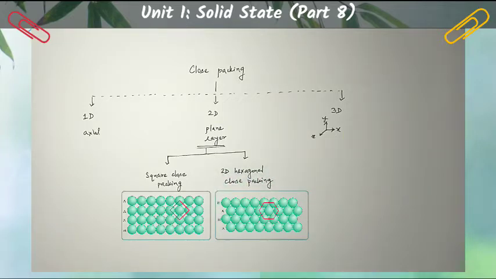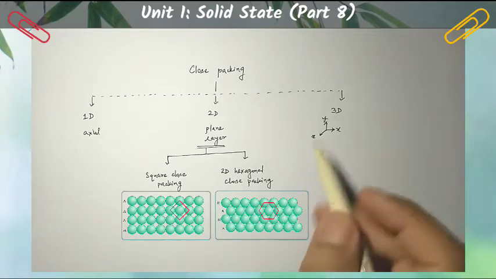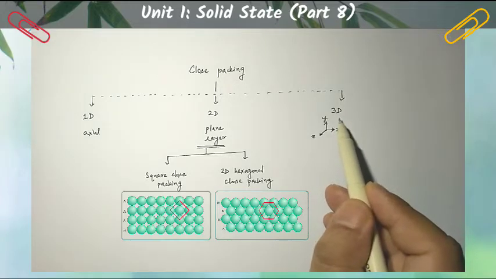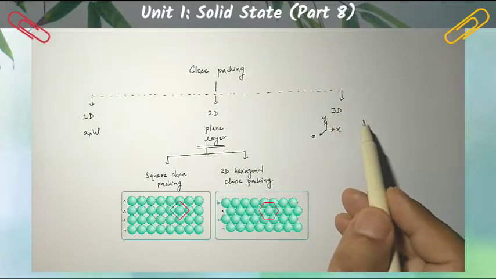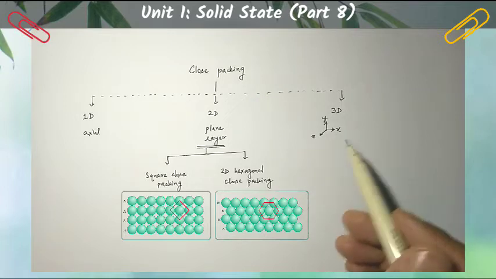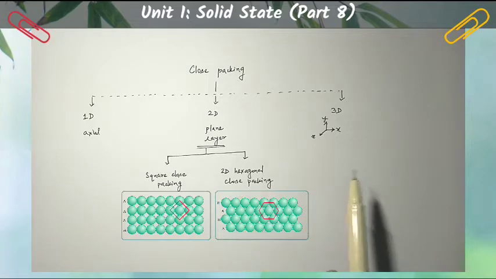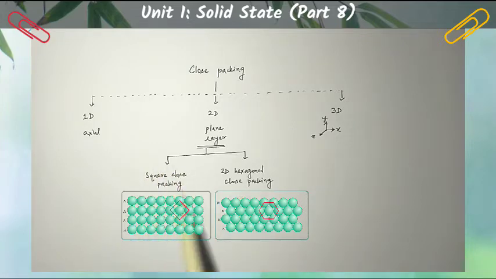Now coming to the three dimension, this is very important. Again we classify the three dimensional packing on the basis of the arrangement of this square close packing and hexagonal close packing, or in other words we basically use these layers. Square close packing is a layer, and also the two dimensional hexagonal close packing is also a layer.